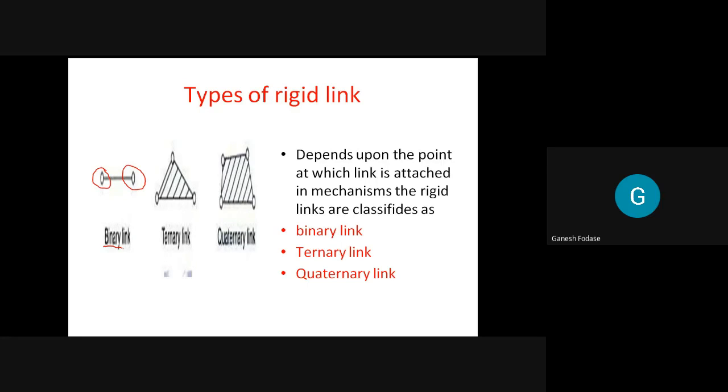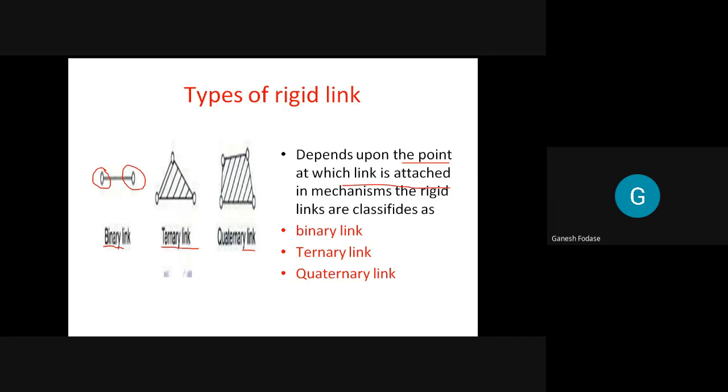Binary means two. So these rigid links are classified based on the points at which they are attached in a mechanism. At how many points can I connect this link to another link? Based on that, we classify it as binary, ternary, and quaternary link.